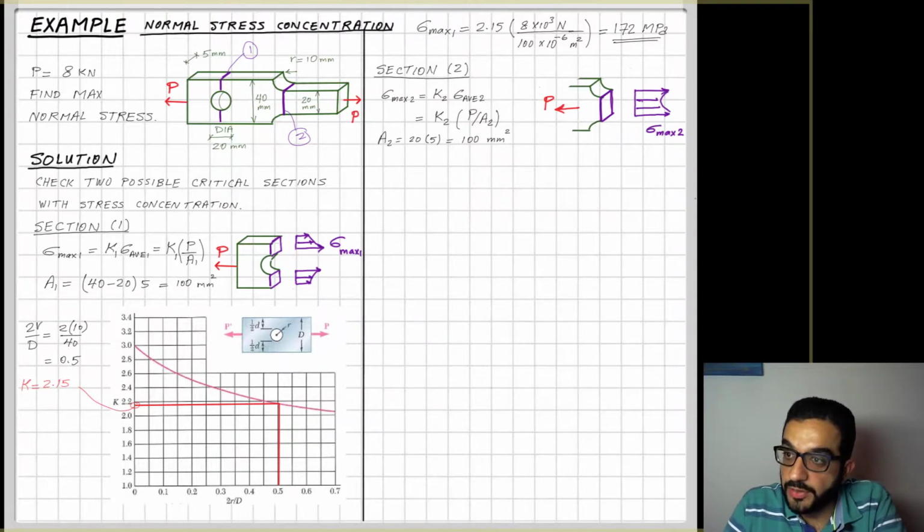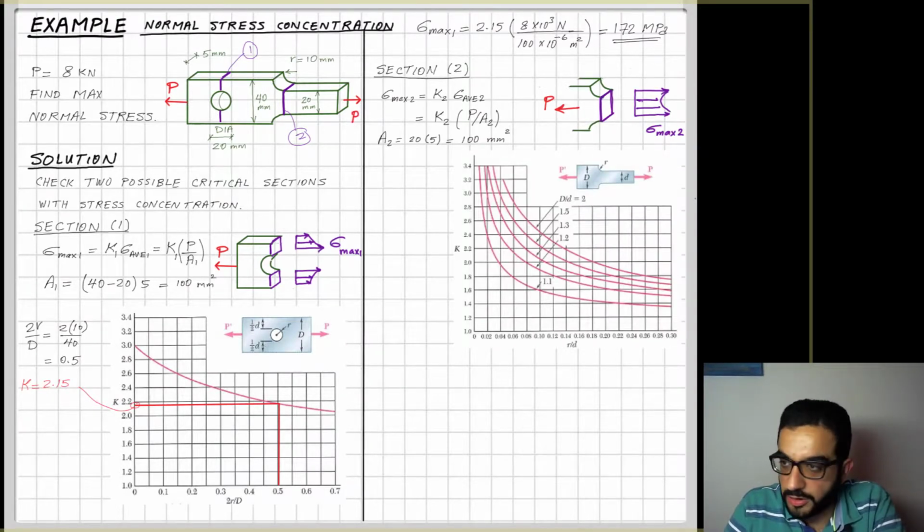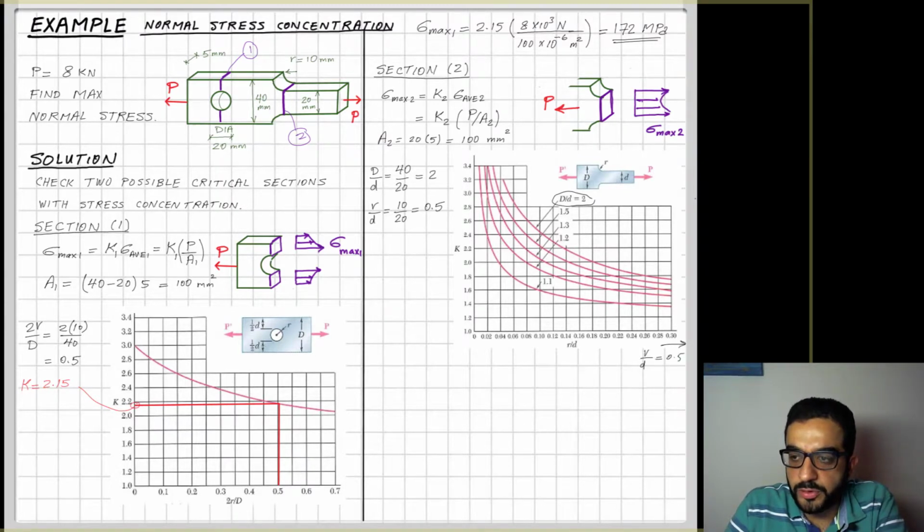So where to get K2 in this case? From the graph, I need to find which curve to use. So D over d, that will be a factor of 2. So I will use the top upper graph, and then R over d, that will be 10 over 20, and that will be 0.5. Now I see here 0.5 is outside of my curve.